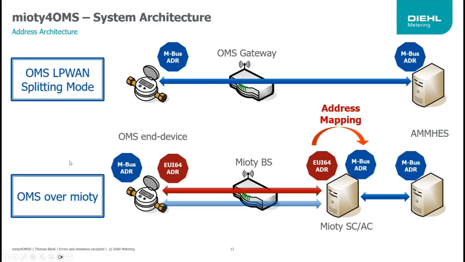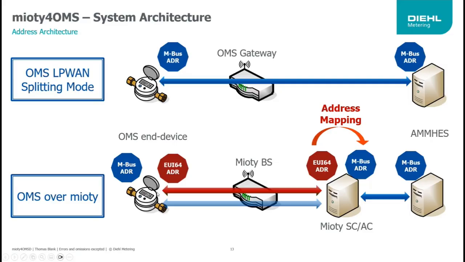In OMS over mioty, you have to handle both addresses. That means a meter still has its metering address, the MBUS address, but additionally, integrating mioty, it needs the EUI-64 address in this approach.